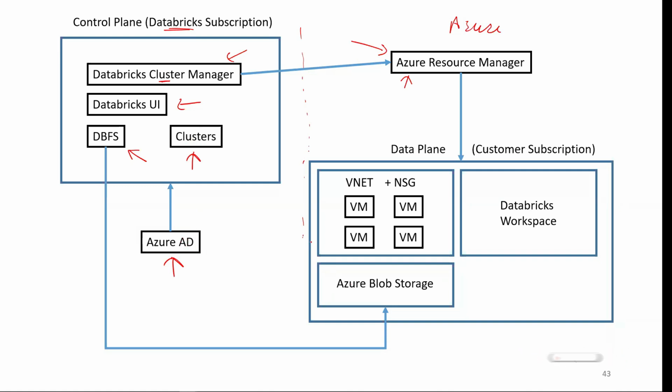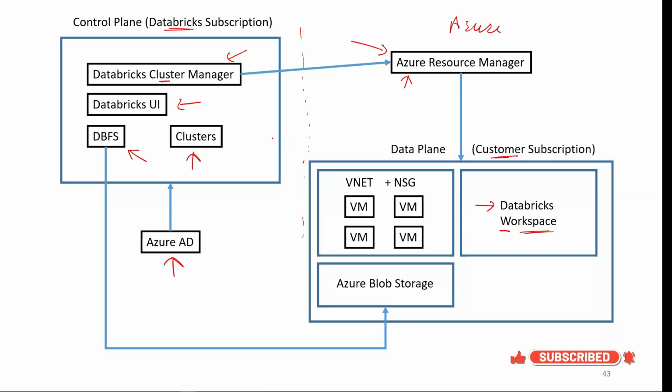It is the same diagram as the previous one, but with components in it. In the data plane, in the customer subscription with Azure, what are we getting? We are getting a Databricks workspace created, as we have seen that when we create Databricks in Azure, it shows us the workspace created there.